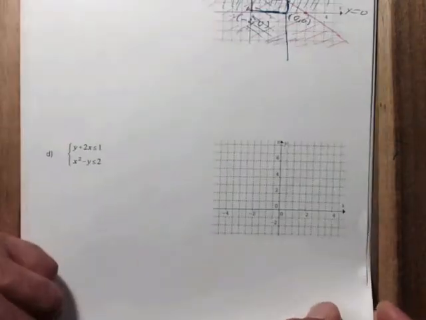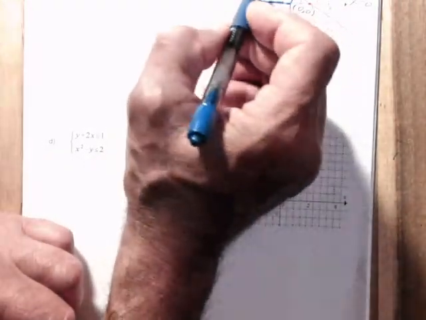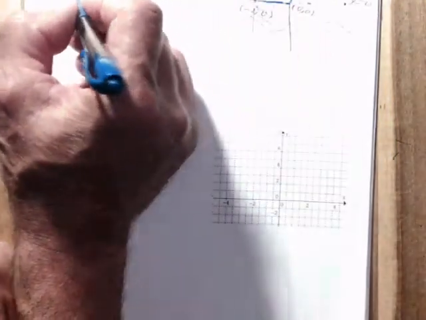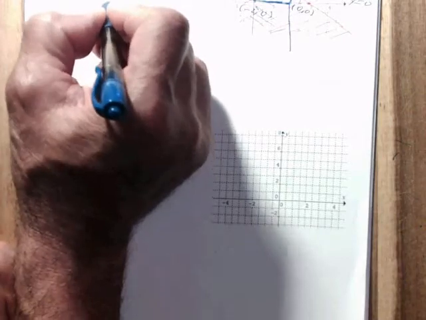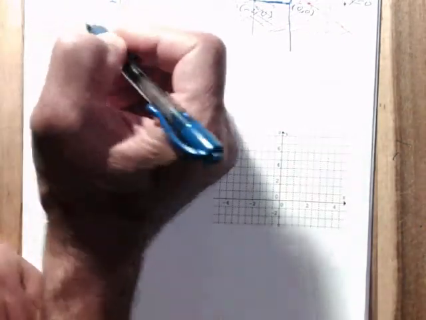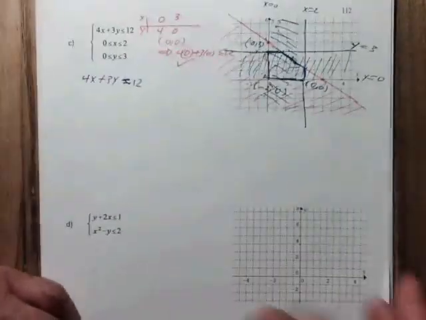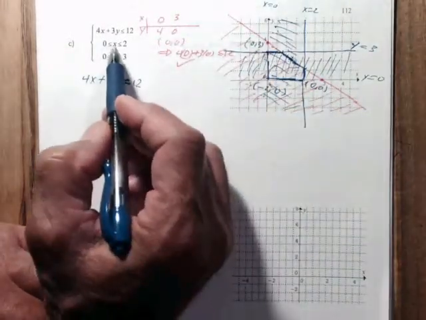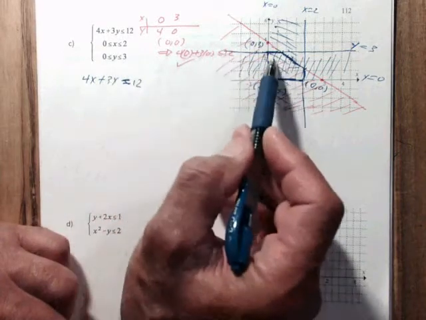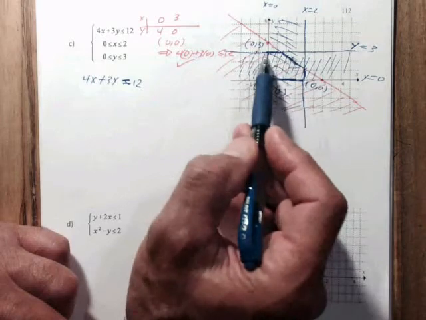If I use a calculator, then I will, but I actually can, because you see I have this line, 4x plus 3y equal to 12. And then I intersected with y equal to 3.